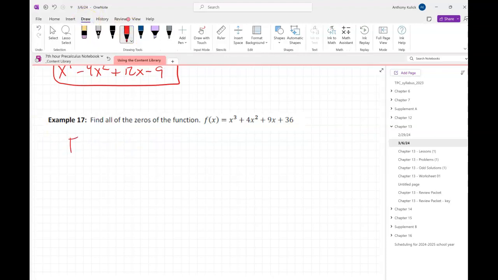All right, I start. The fundamental theorem of algebra tells me how many solutions should I have? Or zeros? I have exactly 3 zeros, right? Everybody's good? My rational zeros theorem tells me that my list of possible rational zeros is going to be the factors of 36.